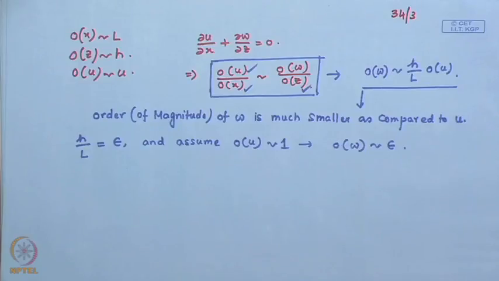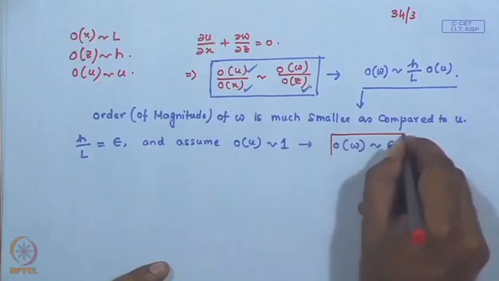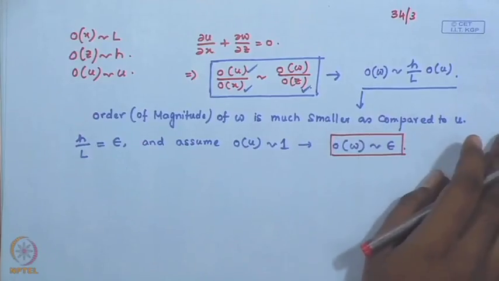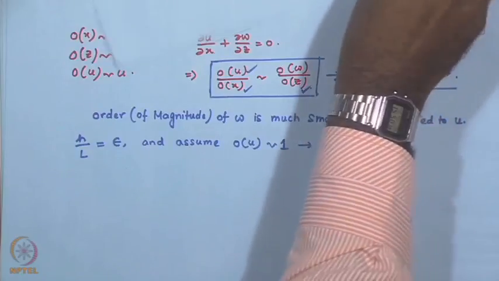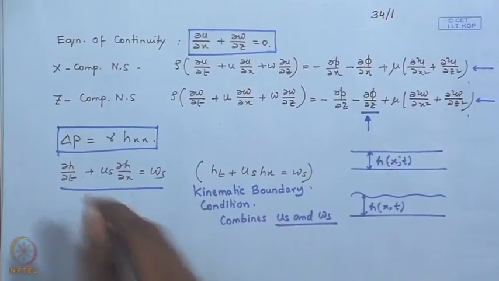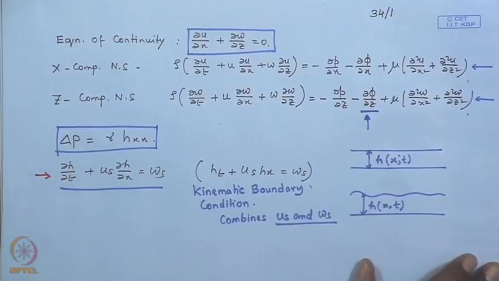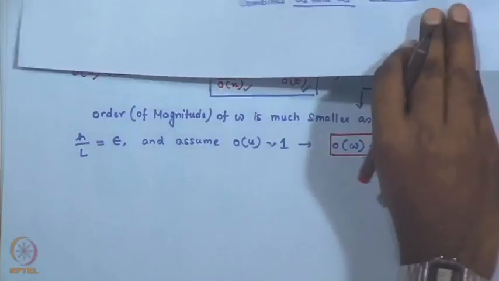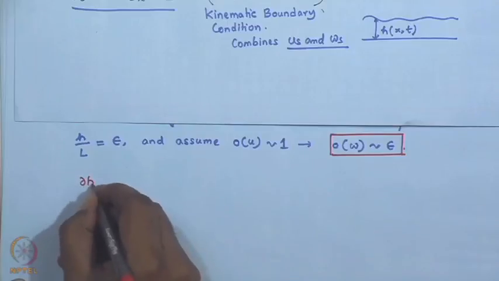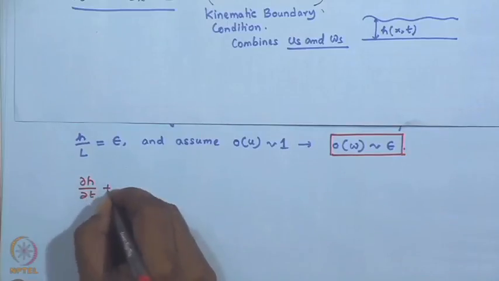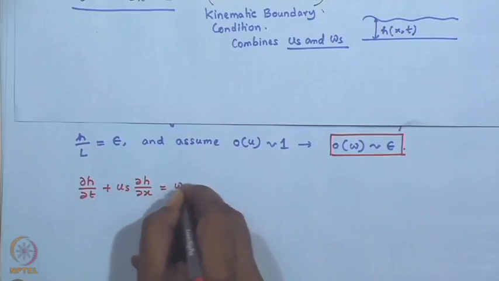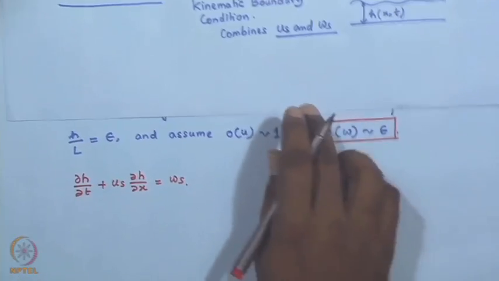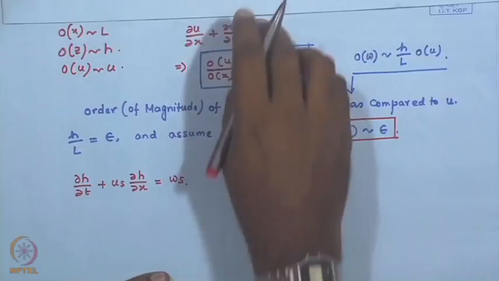Now, after obtaining the order of w from the continuity equation, let us investigate the kinematic boundary condition with the order of magnitude analysis. So, this is the kinematic boundary condition we have. So, we plug in the respective orders, order of h is now known.